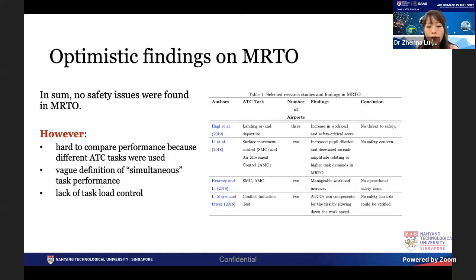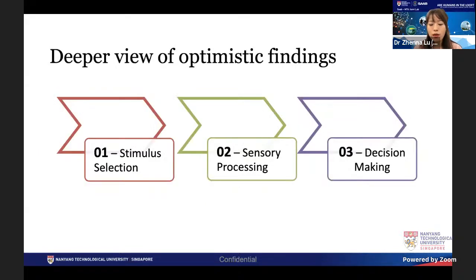So when you observe a higher workload in the simultaneous task condition, can you claim that all of the change in workload result from task load alone, or are there other factors other than the task load change? So in our study, we want to keep the task load constant and to see whether the other factors could affect the workload. And there's another issue I want to talk about.